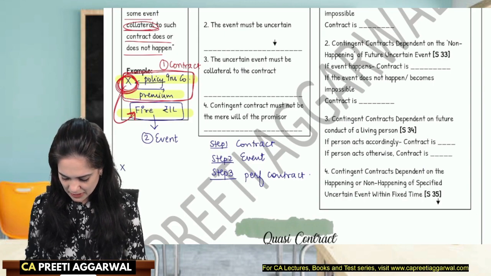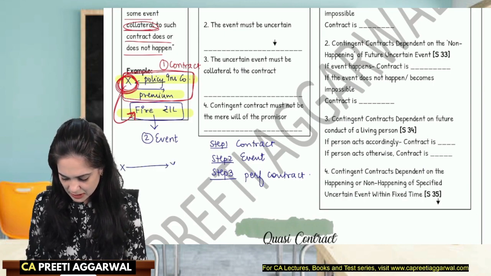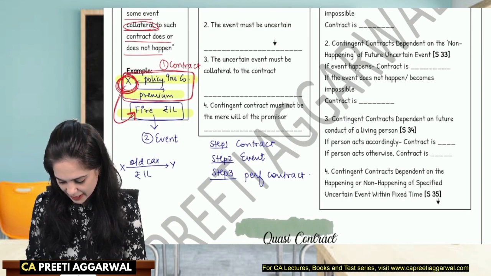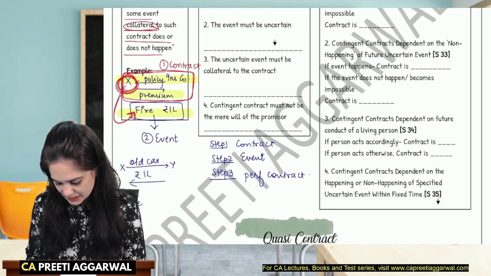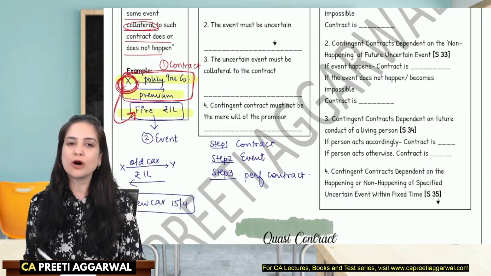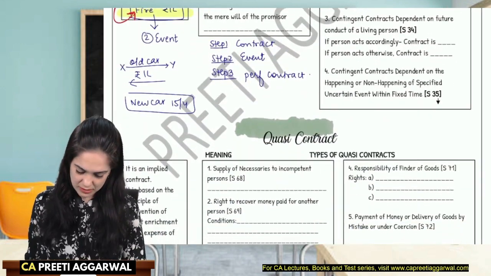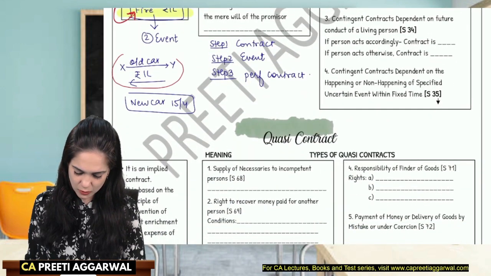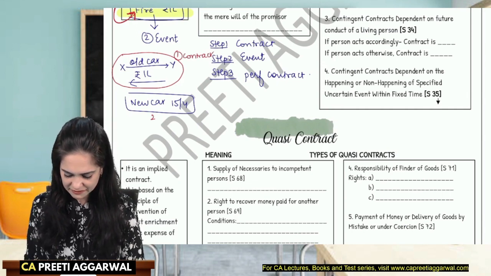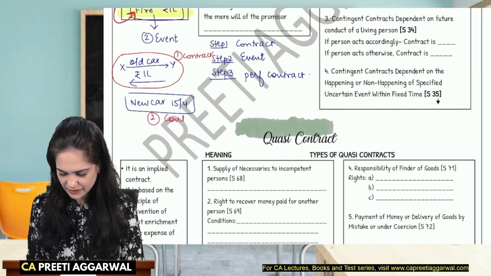One more example. X agreed to sell his old car to Y for rupees 1 lakh, provided he is allotted a new car by 15th of April. Step 1, identify a contract. So X agreeing to sell his old car, this is the contract. Step 2, identify the uncertain future event. So this is the event.